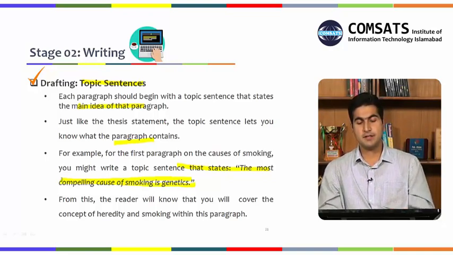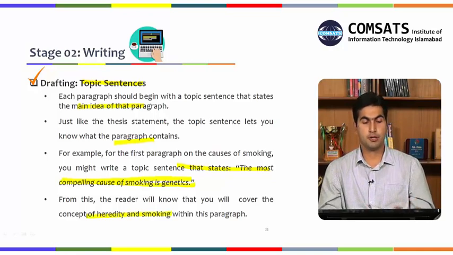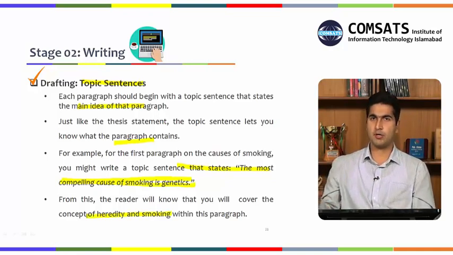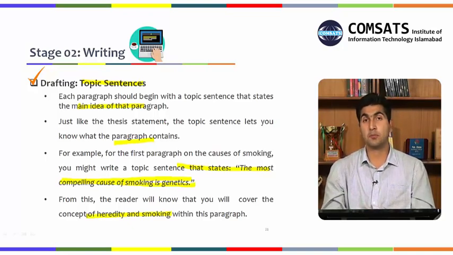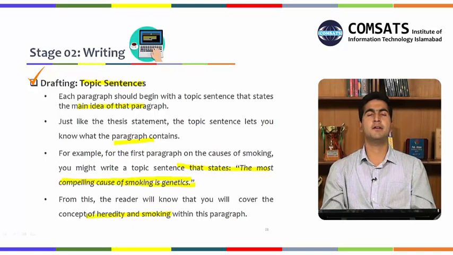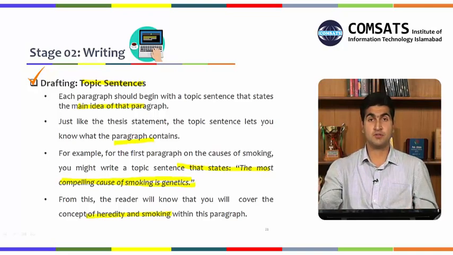From this, the reader will know that you will cover the concept of heredity and smoking within this paragraph. So bullet number 4 has made this clear. You're making your readers aware as well, giving them an idea what is about to come within this paragraph. This is the significance of a topic sentence: you're giving your readers an idea what information is expected within this paragraph, based on the topic sentence written at the very first of this paragraph.